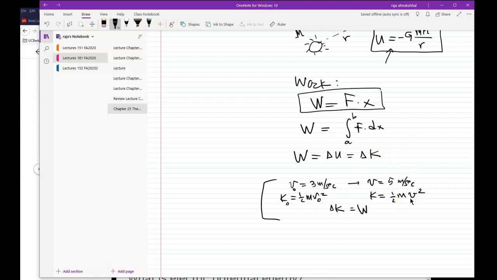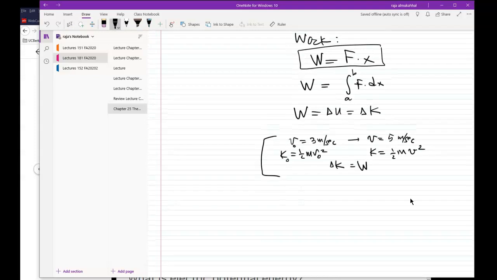Here's another example. Let's say there is a table, and let's say there is a book standing on the table here, and let's say there is a shelf here. So I hold the book and I move the book to this shelf, and I make it stand on this shelf. Of course I have done work by lifting the book upward against gravitational pull, and I put it on the top shelf, right?